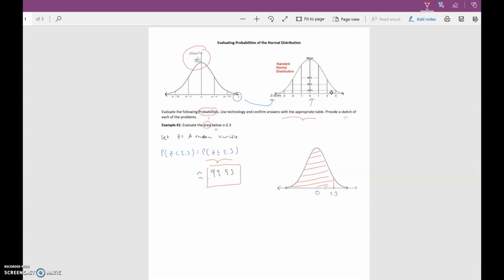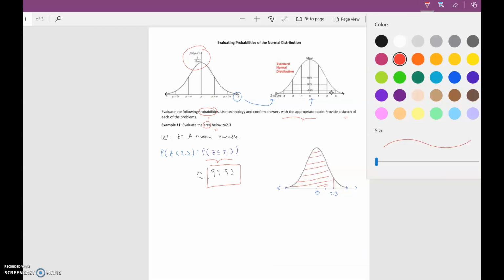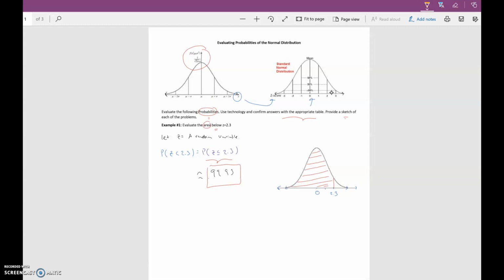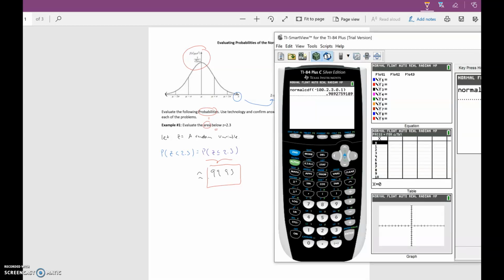On a future exam, you would just say, if you're using the calculator, since I won't see you running it, let me put the code here. And this will be normal CDF negative 100 to 2.3. In there, you do have the mu as 0 and sigma as 1, but those come as default values.